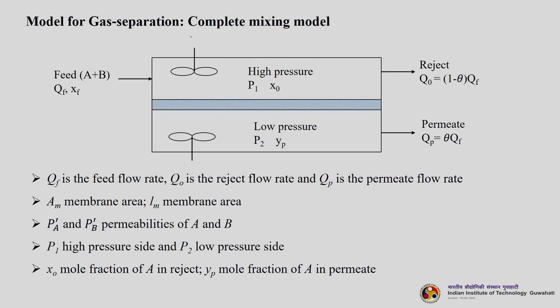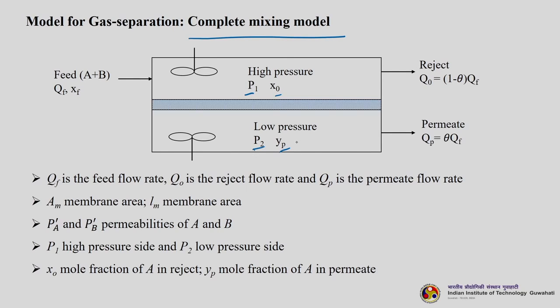So, this is called the complete mixing model. Please have a note on the different notations. So, the feed is a composition of A and B, and the feed flow rate is given by QF, mole fraction is XF, the pressure inside or upstream side is P1 and the mole fraction is X naught, pressure in the downstream side which is low is P2 and the mole fraction is Yp.